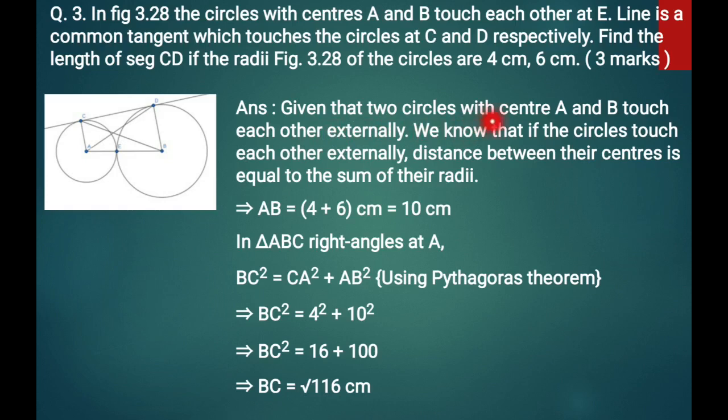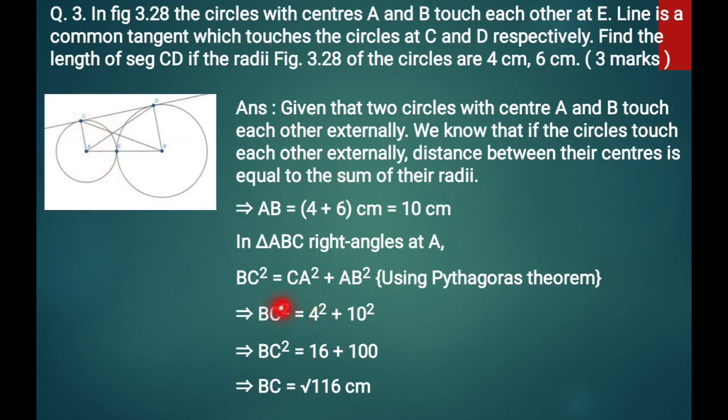Given that two circles with center A and B touch each other externally, we know that distance between their centers is equal to the sum of their radii. So here center of first circle is A, center of second circle is B. So the distance between these two centers A and B, we add, AB equals to 4 plus 6, that is 10 cm.